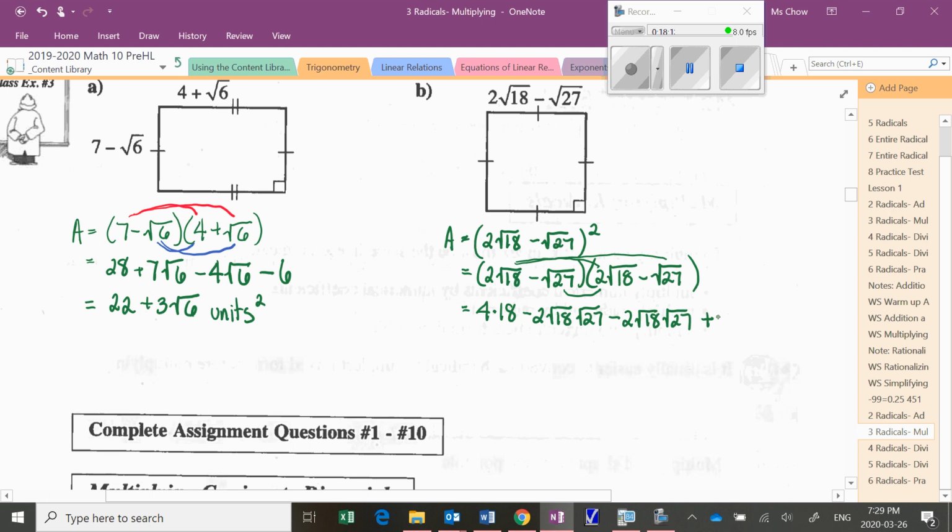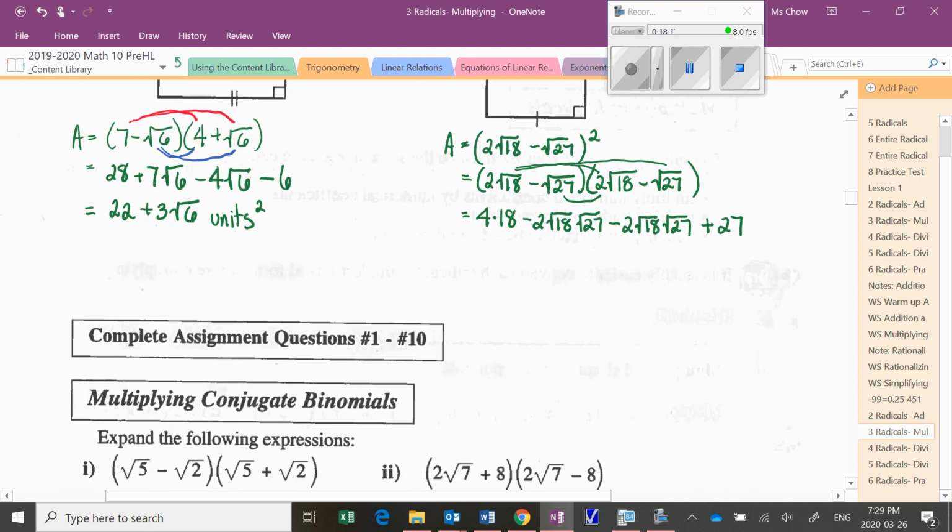Root 27 times root 27 is 27. So we can work on cleaning the root 18 times root 27 up as well. So 4 times 18, so remember to multiply by 4. An easy way is to double it and double it again. So 18 times 2 is 36, and double that again is going to give us 72.